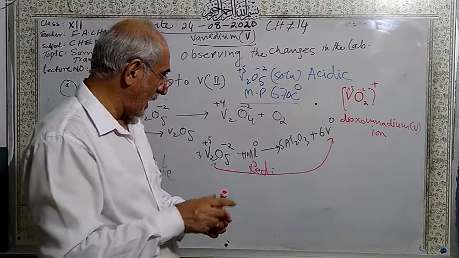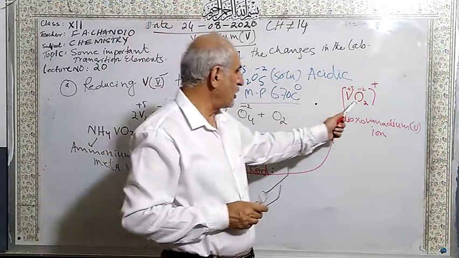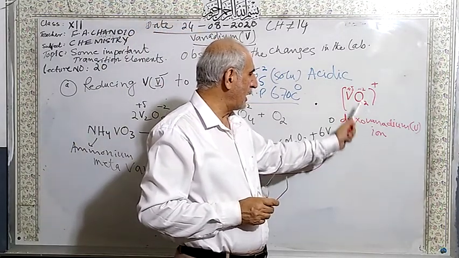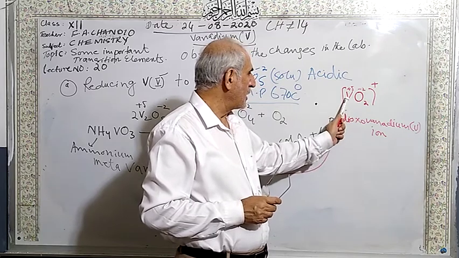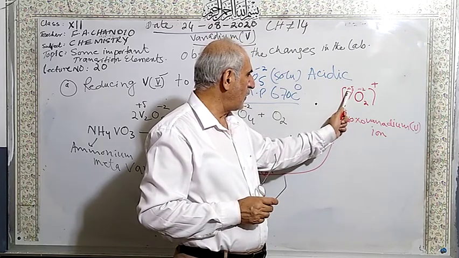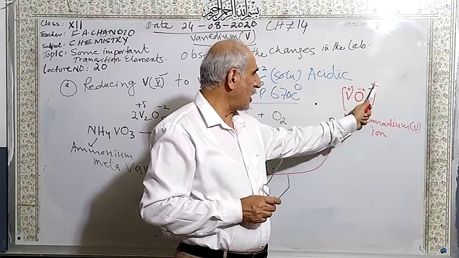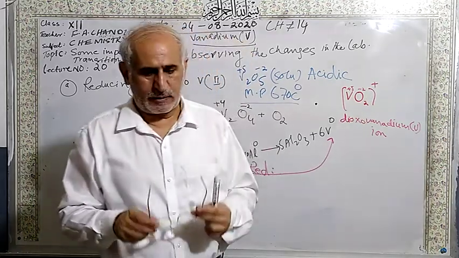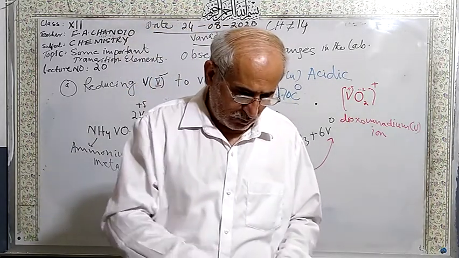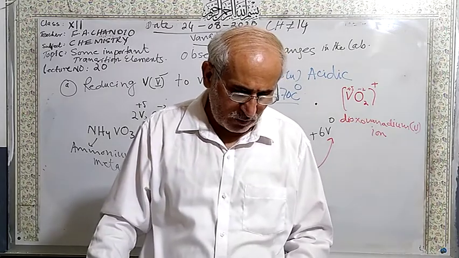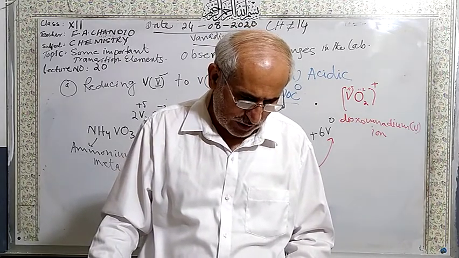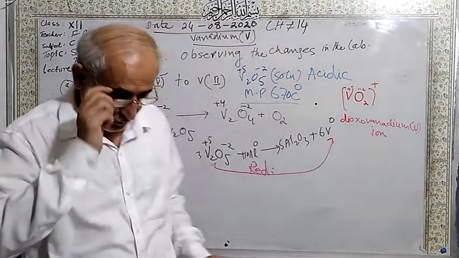Dioxovanadium 5 ion, oxygen 2, dioxo ligand. Vanadium is here and the oxidation number of vanadium is 5. Charge is there, I put ion. So dioxovanadium 5 ion is going to be formed.